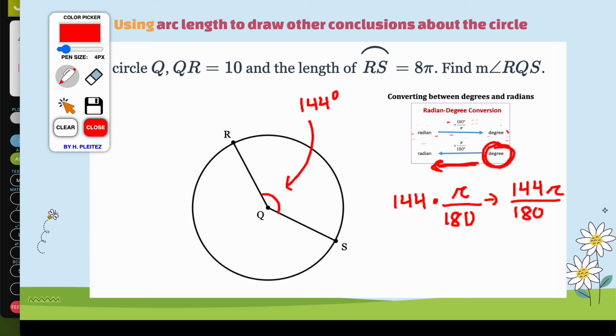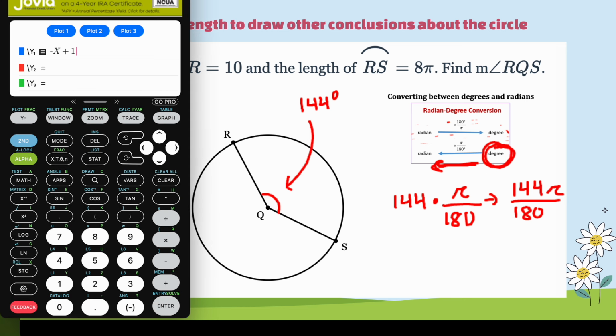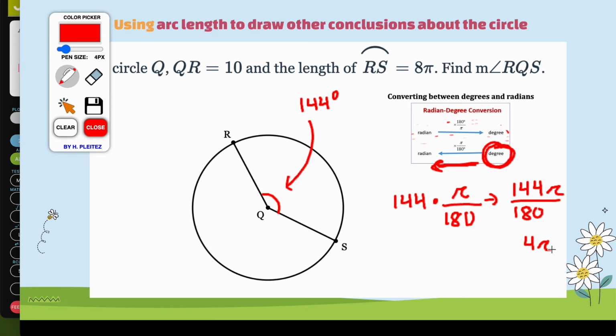And all you need to do is simplify that fraction. So in your calculator, do 144 over 180 and then hit math, fraction, and you get 4/5. So 144 degrees in radians is 4 pi over 5, right?